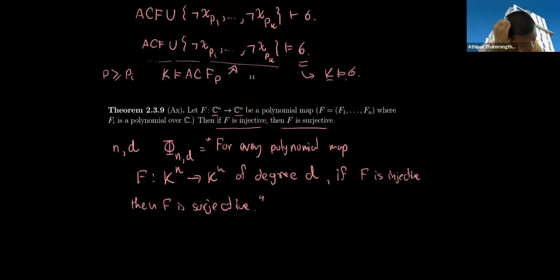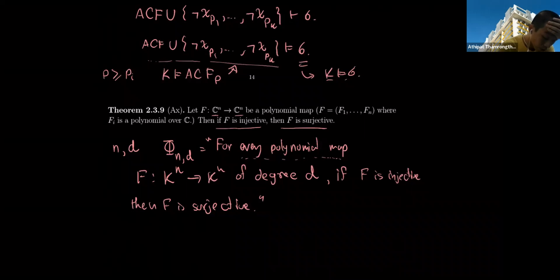From here you can see that the quantifier is over polynomial maps of degree d. But when you think about polynomials, a polynomial is something of this form. I'm going to write it in terms of a one variable polynomial first, because that is easier to write down: a_n x^n + a_{n-1} x^{n-1} + ... + a_0.